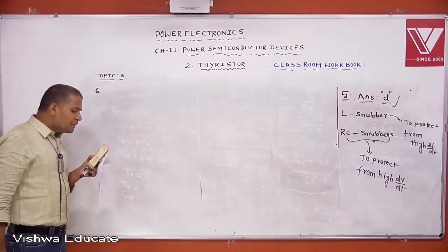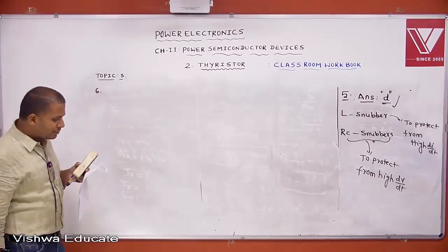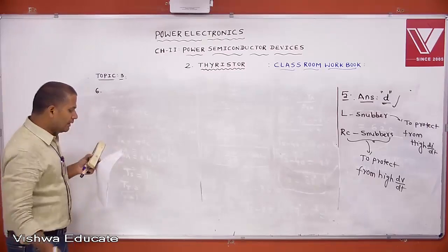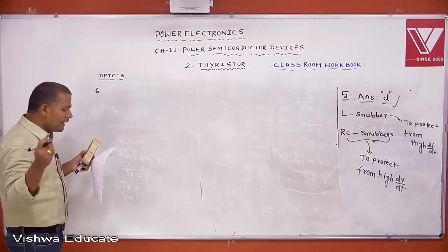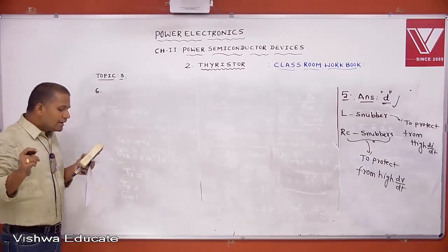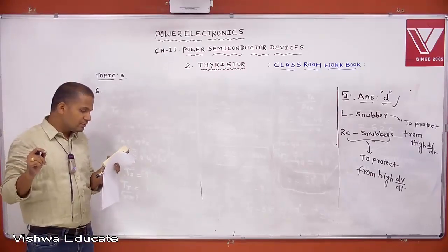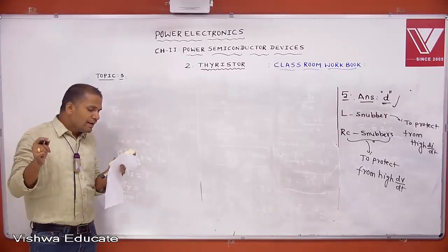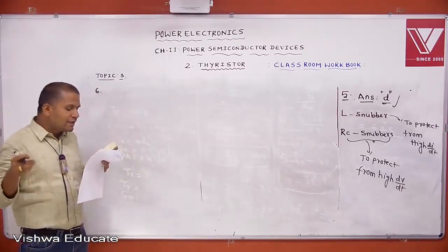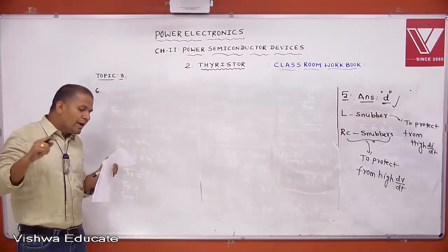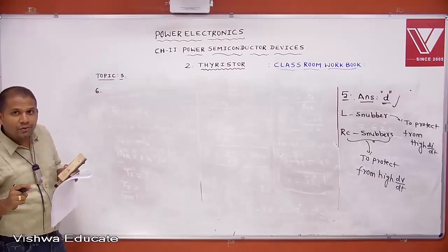The thermal resistance between the body of a power semiconductor device and ambient is expressed as: first, voltage across the device divided by current through the device; average power dissipated in the device divided by square of the RMS current in the device; option C, average power dissipated in the device divided by temperature difference from body to ambient; temperature difference from body to ambient divided by average power dissipated in the device. Which is the correct option? You tell me.